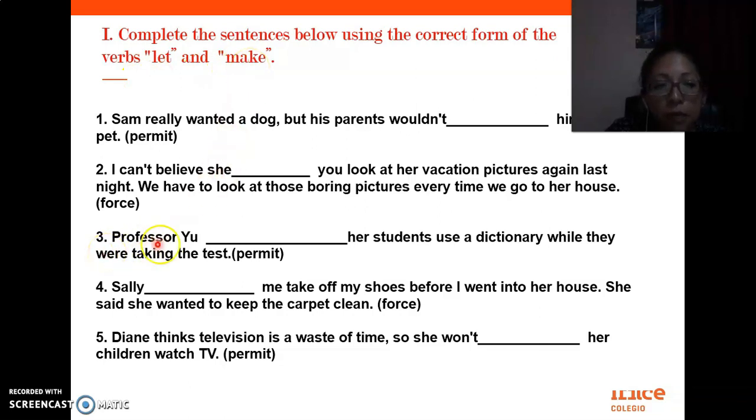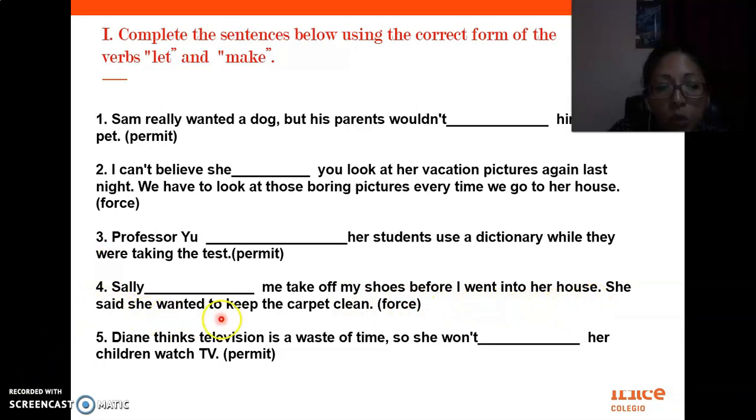Number 3. Professor Yu, her students used a dictionary while they were taking the test. In parentheses, you have this. Permit. Number 4. Sally me take off my shoes before I went into her house.